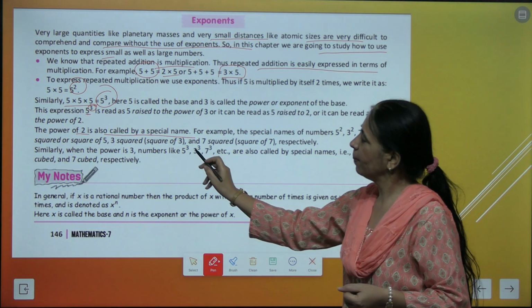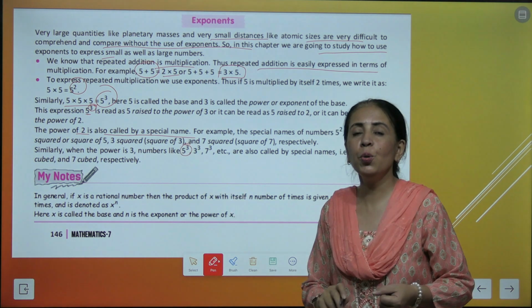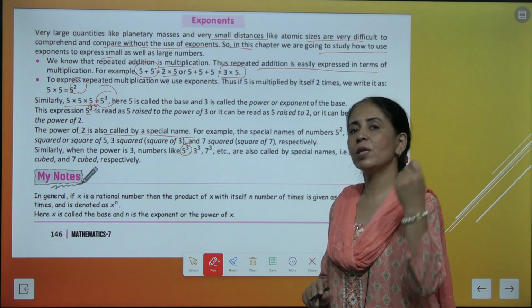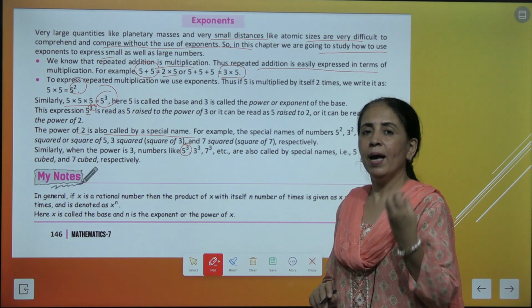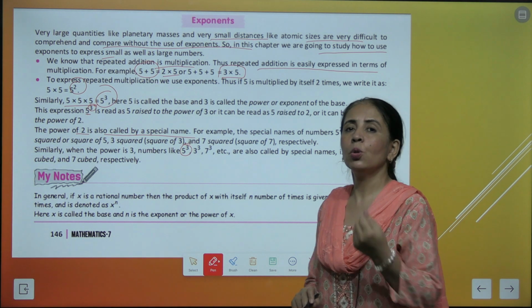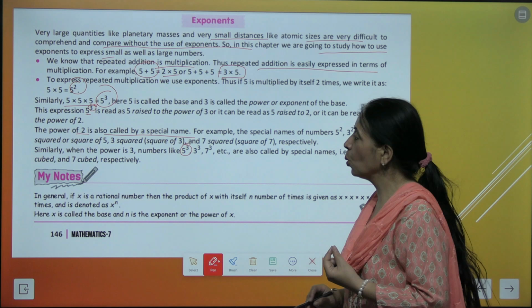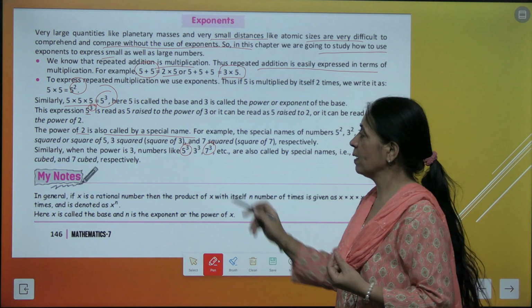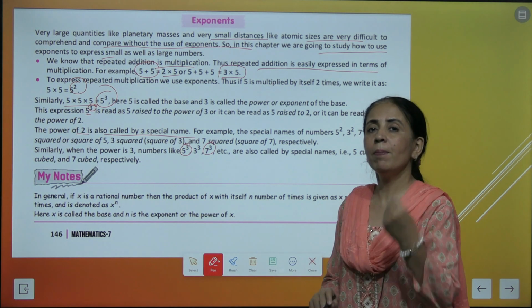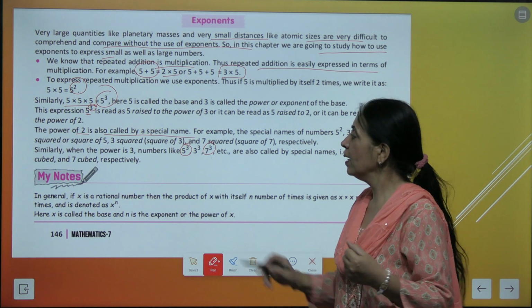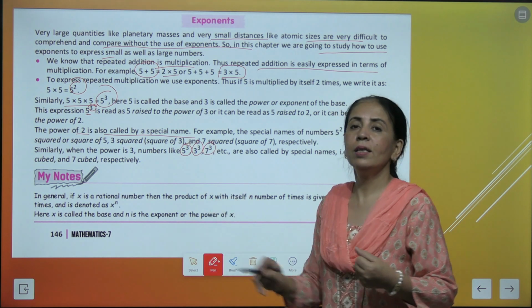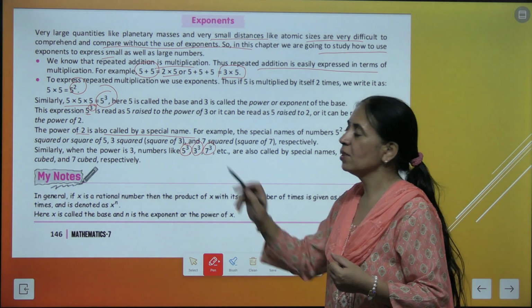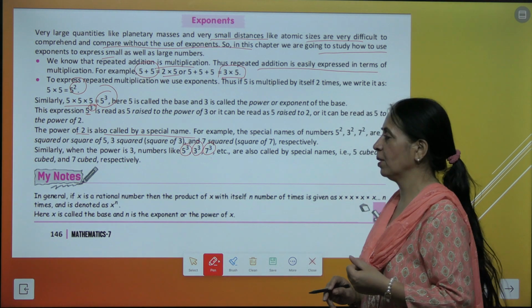अब यहाँ पर हमने लिखा 5 cube. पावर जब 3 होती है उसको एक स्पेशल नेम से बुलाते हैं क्यूब. ऐसे ही अगर पावर 2 होती है तो उसको स्पेशल नेम से बुलाते हैं स्क्वायर. Now what will you call it? This is 7 cube. 7 cube का मतलब 7 multiply 7 multiply 7. Similarly, this is called 3 cubed, right? That means 3 multiply 3 multiply 3.